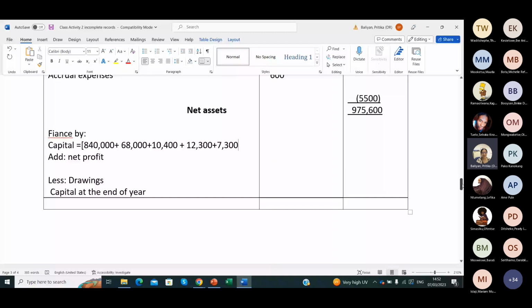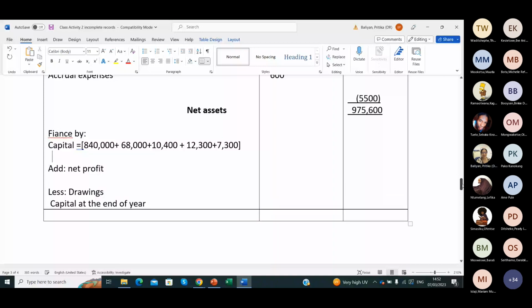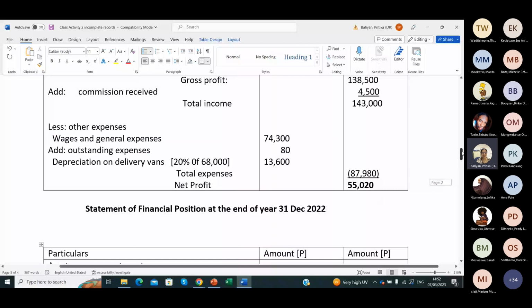Then from that we subtract the liabilities at the beginning of the year.